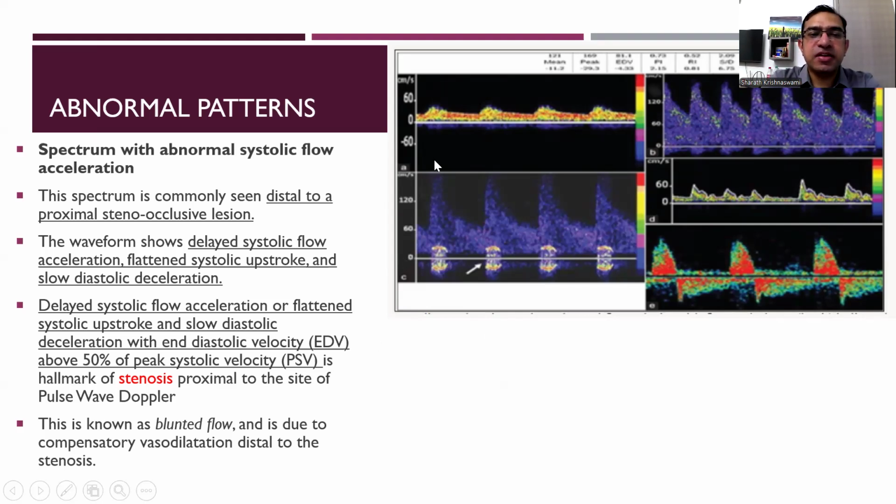This is a hallmark of stenosis proximal to the site of the pulse wave Doppler. This is known as blunted flow, and it is due to compensatory vasodilatation distal to the stenosis.